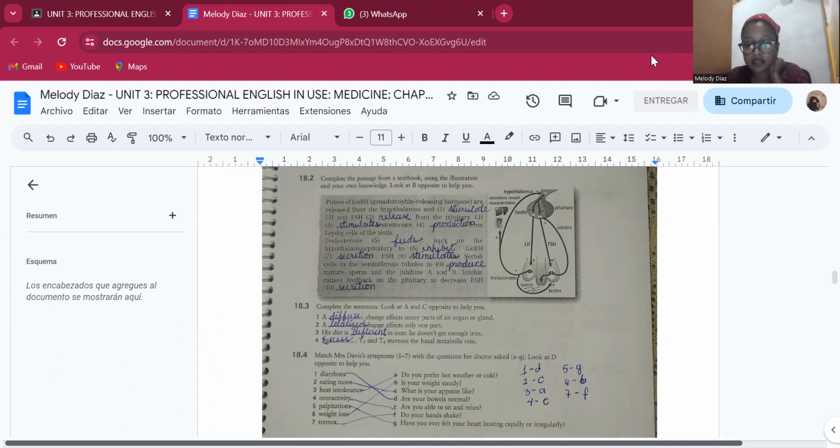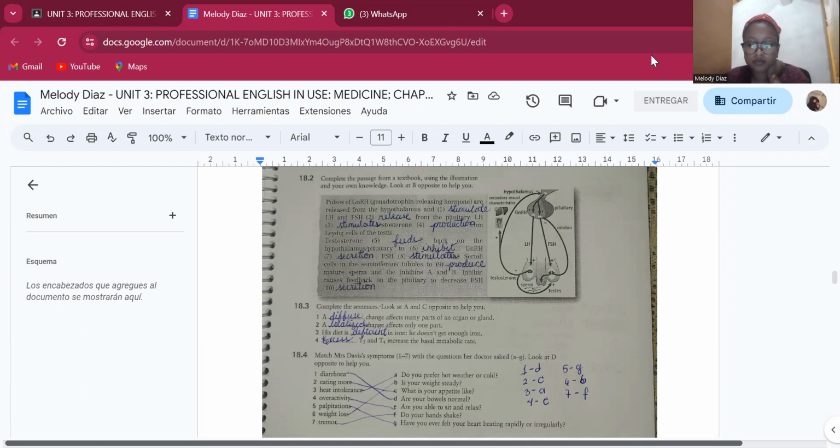Match Mrs. Davis's symptoms 1 to 7 with the questions the doctor asked, A to G. Look at the opposite page to help you. Diarrhea to letter D: are your bowels normal? Number 2, eating more, to letter C: what is your appetite like? Number 3, heat intolerance, to letter A: do you prefer hot weather or cold?